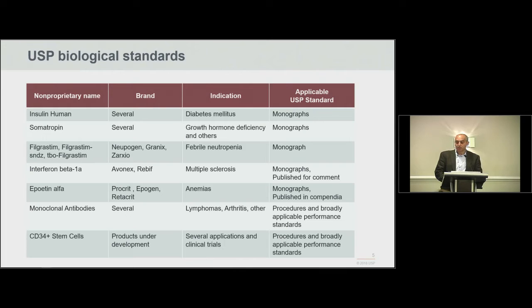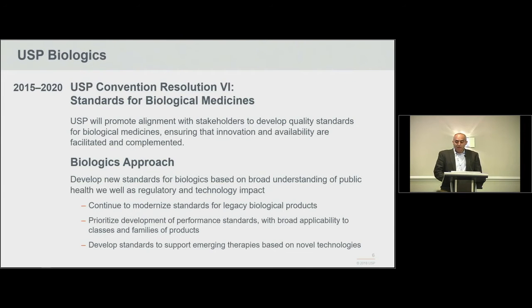And as we get to the CD34 stem cells, and I'll show you a couple of slides on that case study, it became clear that when we think of compendial standards, it's not about the product, it's more about performance of a method, performance of a process, and the type of standard that you can have to confirm that type of performance.